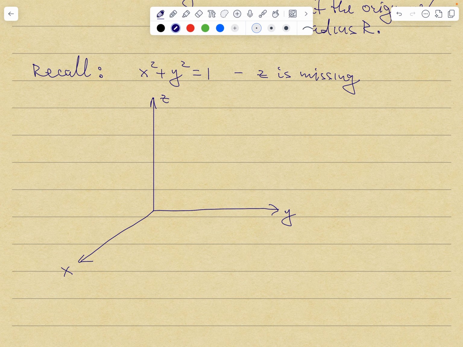In the xy plane, that is the equation of a circle of radius 1. So I'm going to draw it. This is 1 and that is 1.